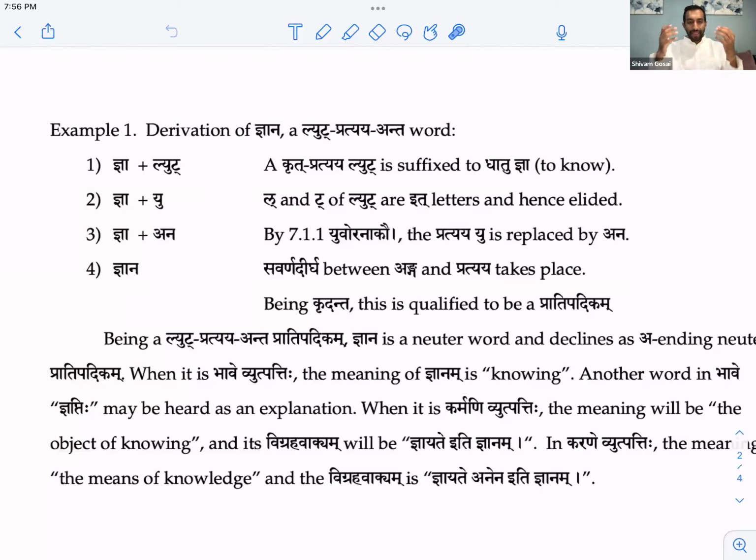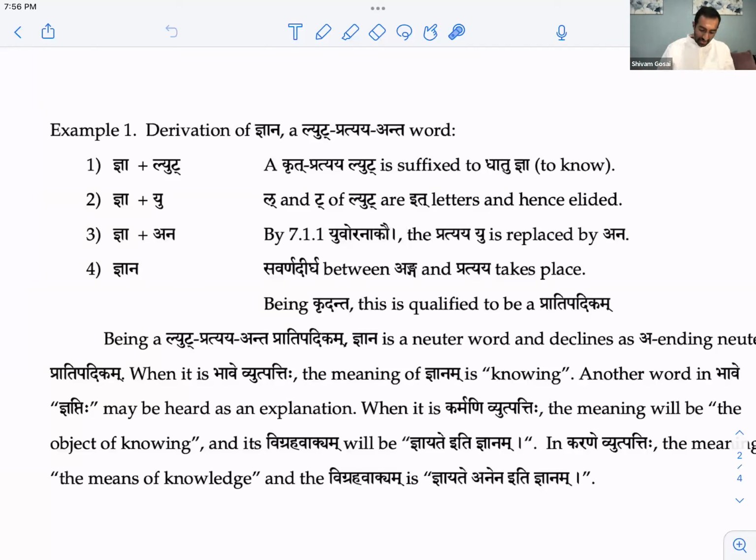So jnana in bhave means knowing, just like knowing. Or we can take the abstract noun, meaning we can say knowledge, either knowing or knowledge is jnana. That's the bhava. It's not any karaka. It's not the object. It's not the instrument of knowing. It's not the locus of knowing. It's just knowledge or knowing, the act of knowing. Those are similar.